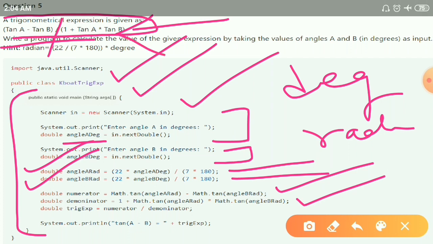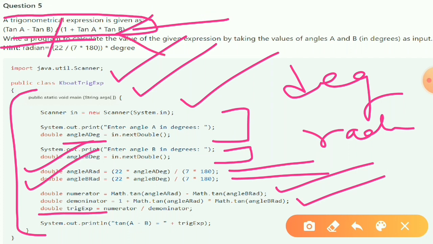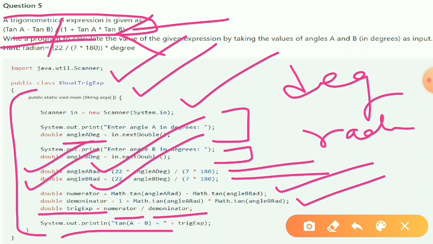Now a double trig expression, just simply numerator divided by denominator. You can merge everything into a single expression also, it depends on you, but I found this formula easy, so that is why I have used this one. And then afterwards you have to print it on the screen. So System.out.println this value equals to this answer, the trigonometric expression.